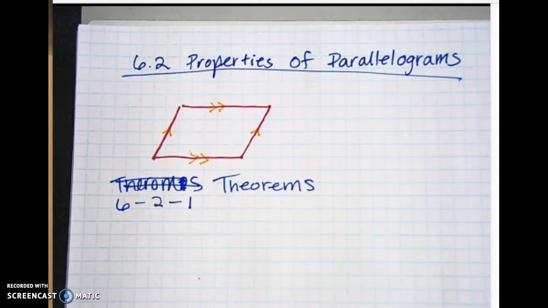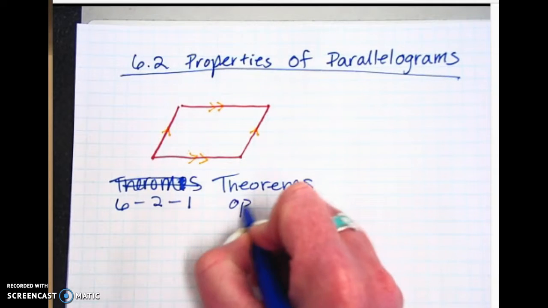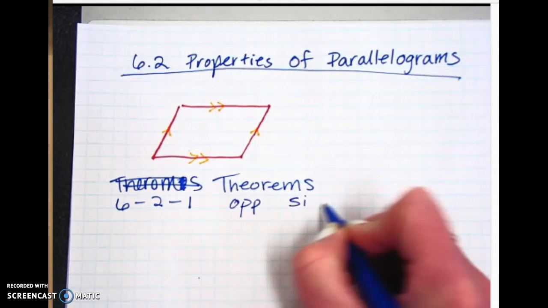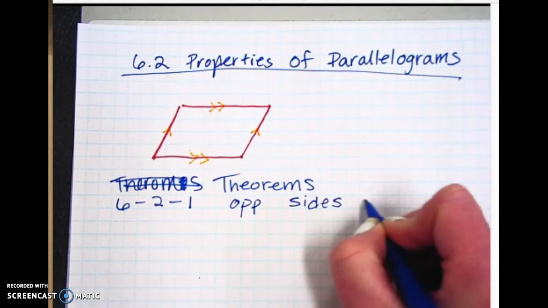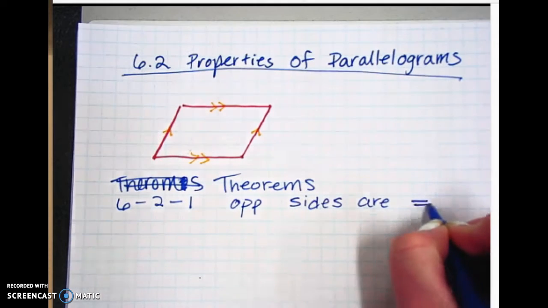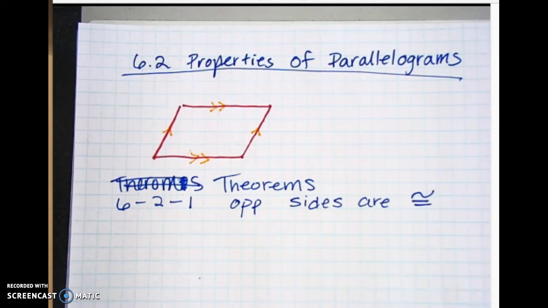The first one basically says that on a parallelogram, the opposite sides are congruent. We already established that they're parallel. This first theorem says that the opposite sides are also congruent.